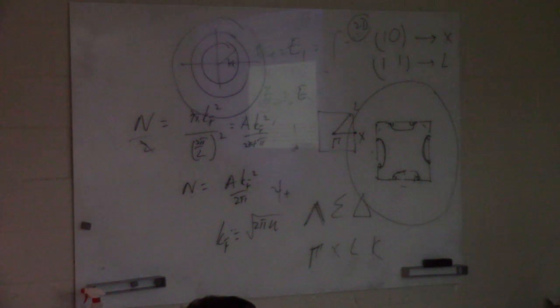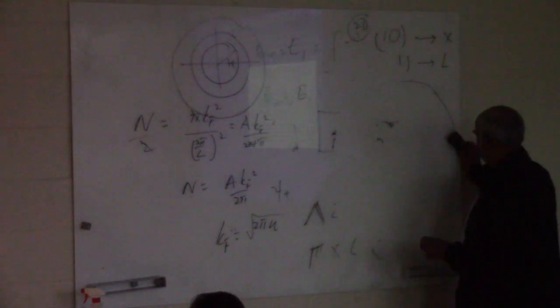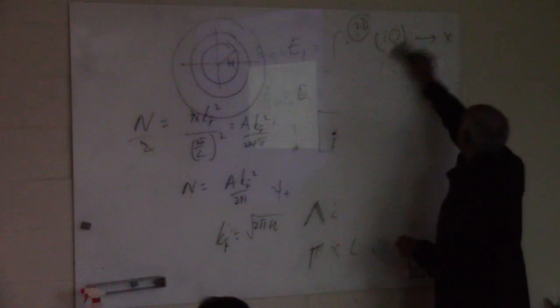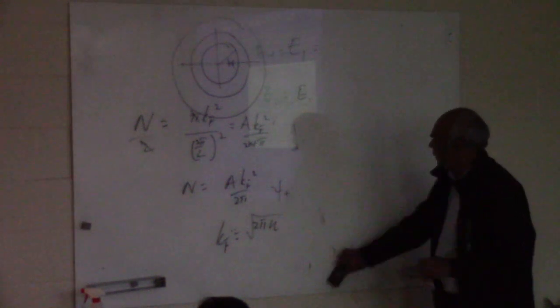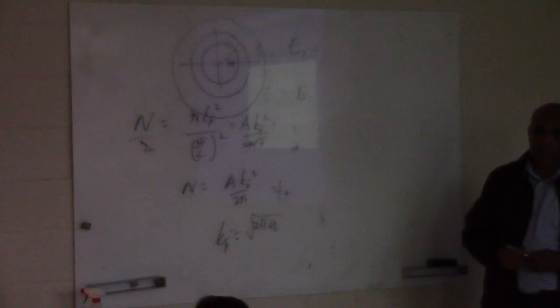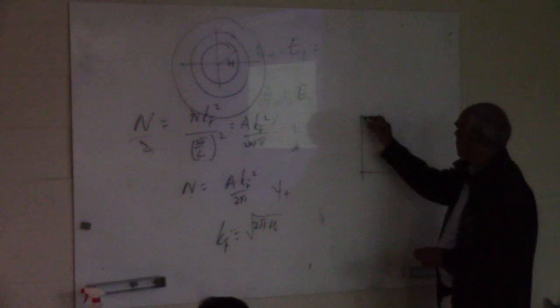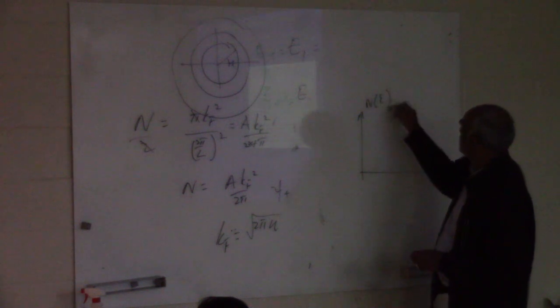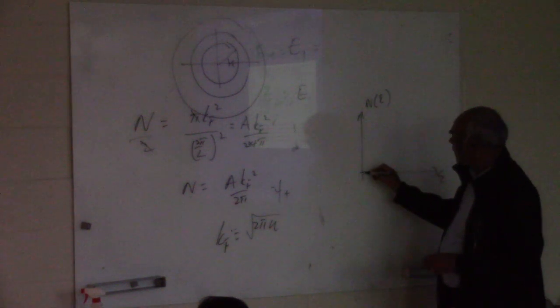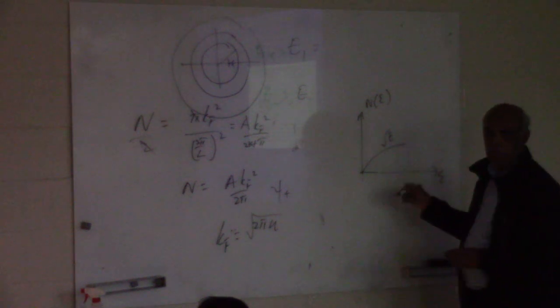If you work on transition metals like copper, iron, nickel, cobalt, they have d orbital electrons, and those electrons have much higher density of states. If you take density of states versus energy, the s and p orbitals usually have this square root of E behavior.